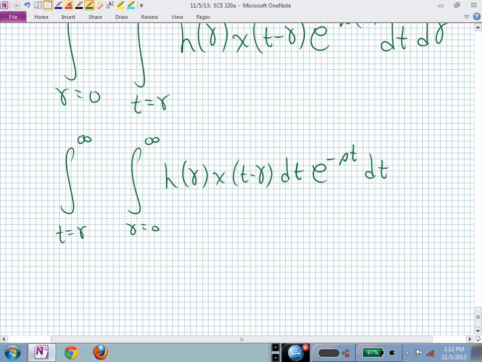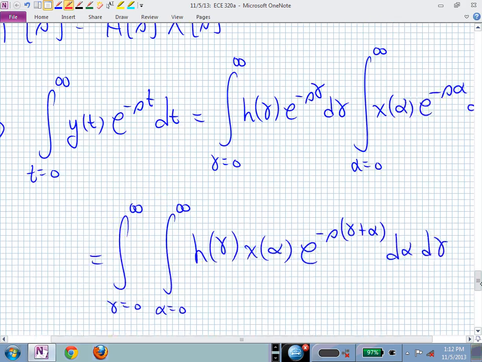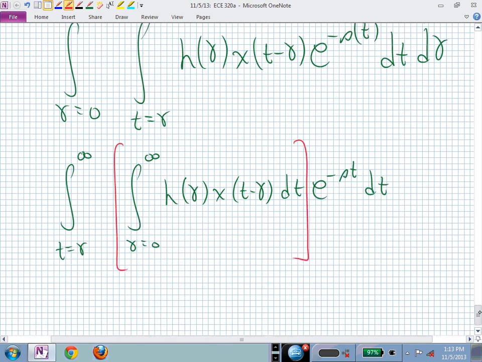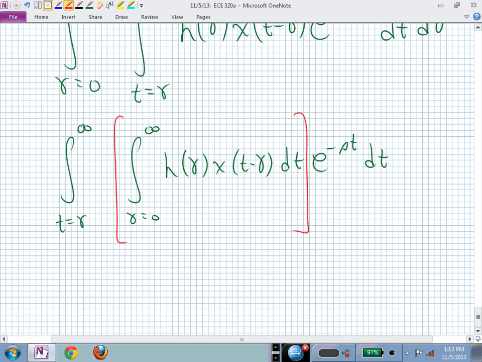And now, if I look back at what the left-hand side looked like to begin with, I had this integral of y of t, e to the minus st dt. Now I have this y of t is actually right there.